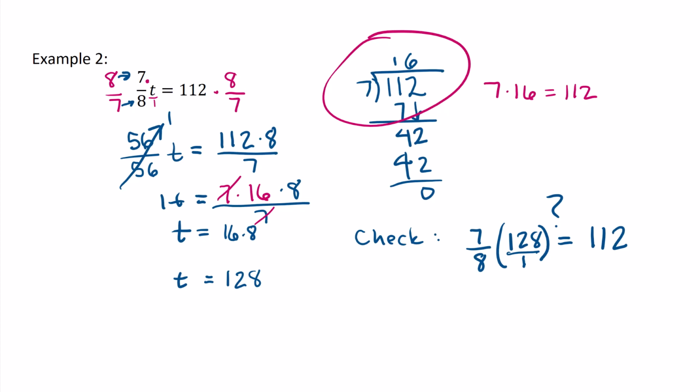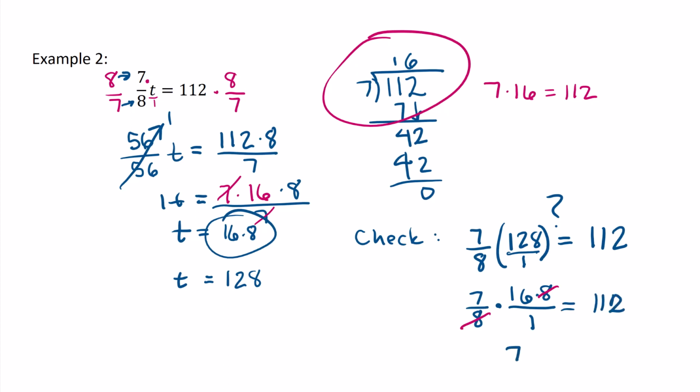128 from up here we know is 16 times 8. So I can rewrite this as 7/8 times 16 times 8 over 1. My 8s will divide out because 8/8 is just 1.